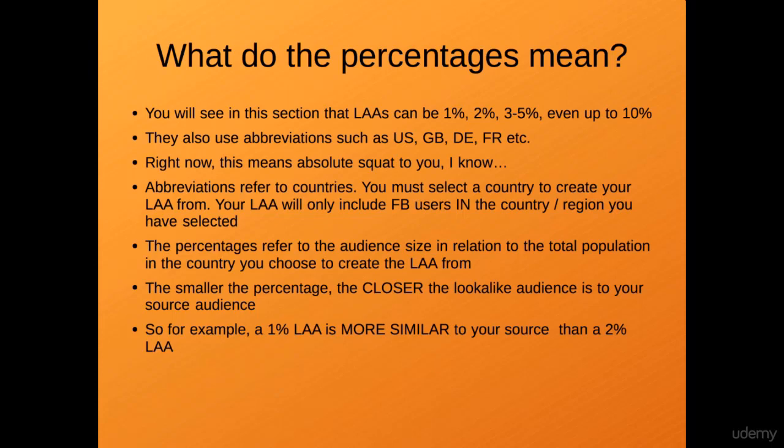So for example, a 1% LAA is more similar to your source audience than a 2% LAA. So the larger the percentage, the more imperfect the clone. The 1% is the people that Facebook believes are most similar, most like your source audience provided. And the further you go upwards to 10%, the less similar they become.